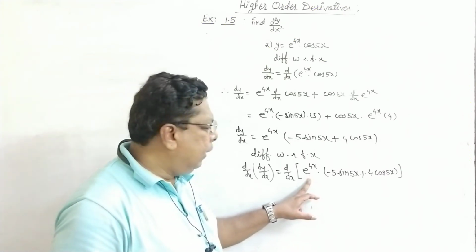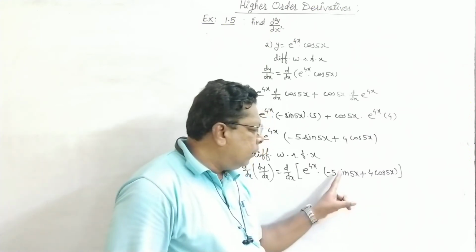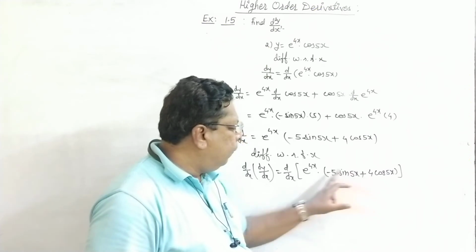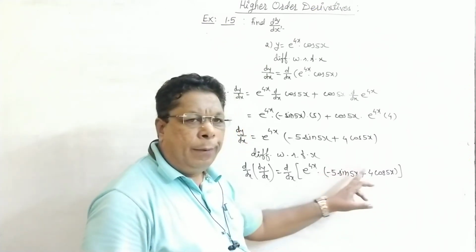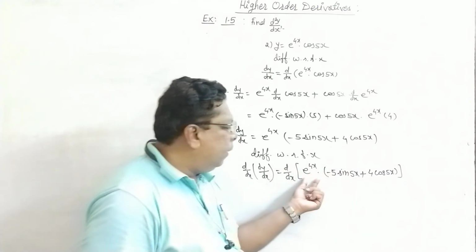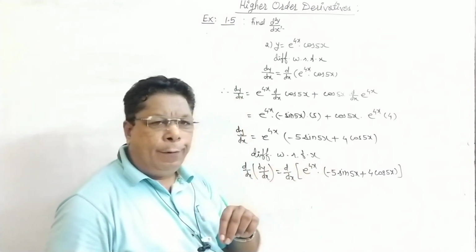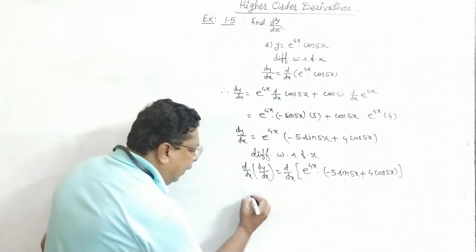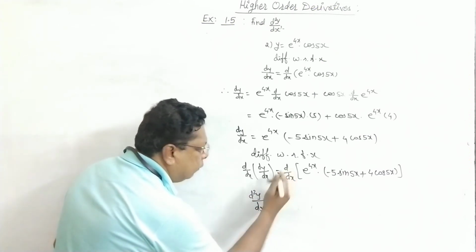First function is e raised to 4x and second function is the bracket minus 5 sin phi x plus 4 cos phi x. These two functions are in product form. Again use here product rule of derivative. Okay? By product rule, suppose first function u, second function is v. By product rule, u into derivative of v plus v into derivative of u. Now here derivative of dy by dx is d square y by dx square.